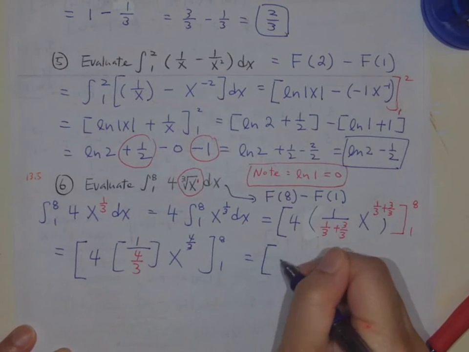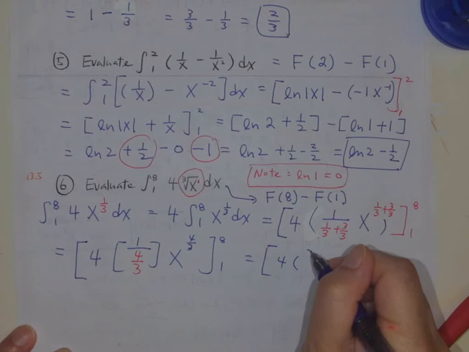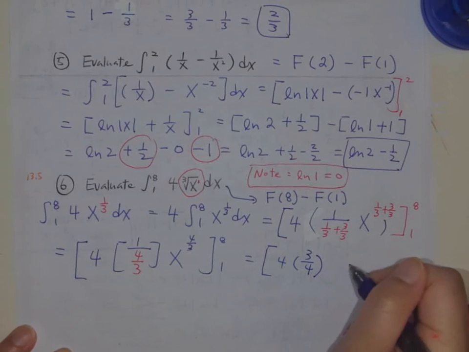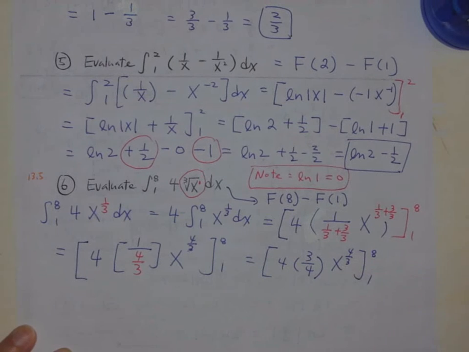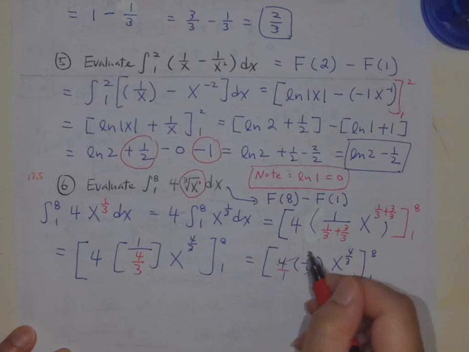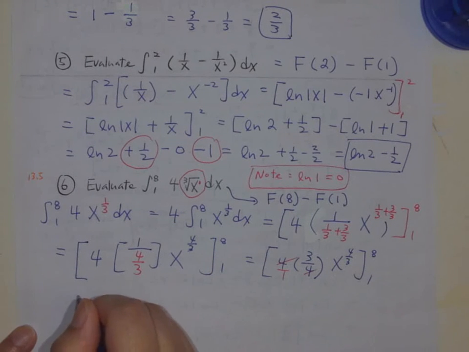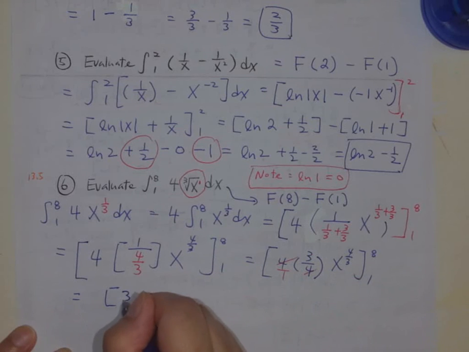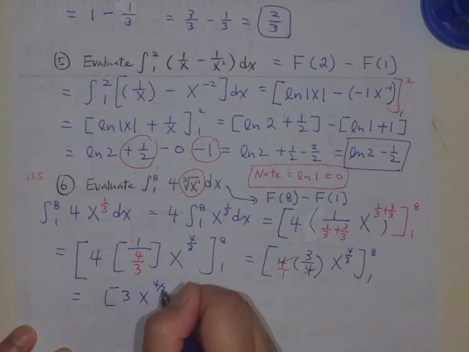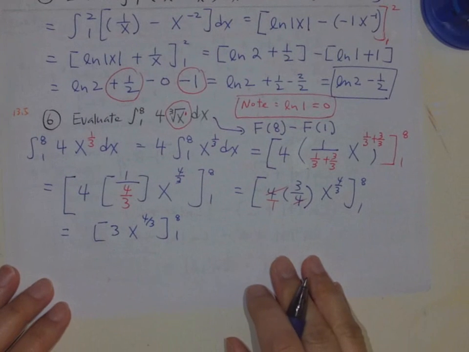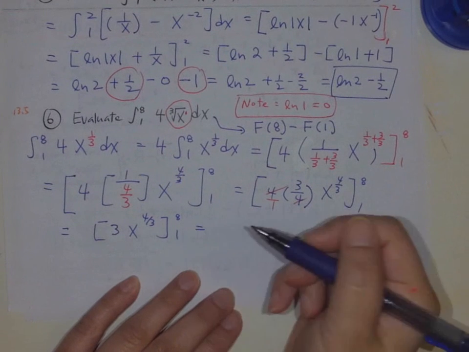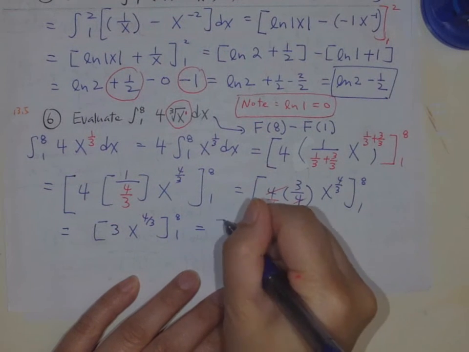So you get 4 times 3 over 4. Oh, that's good news, because I can cancel this, right? So basically, I have 3 x raised to 4/3, and then plug in 8 and 1. Okay, got it.